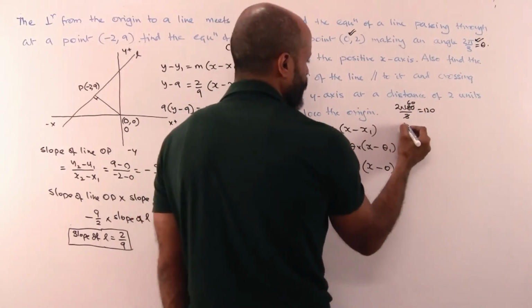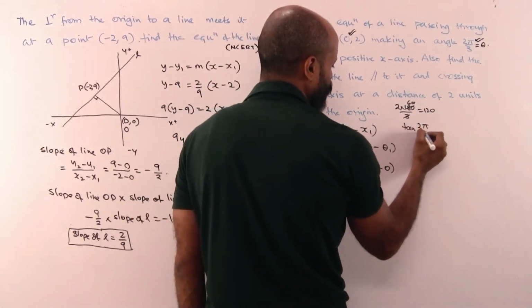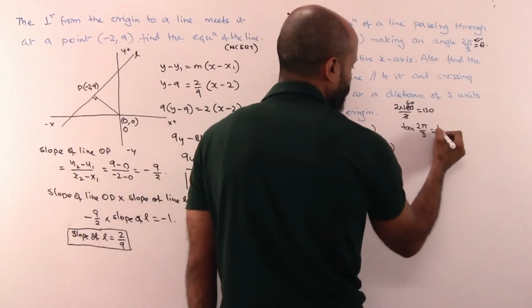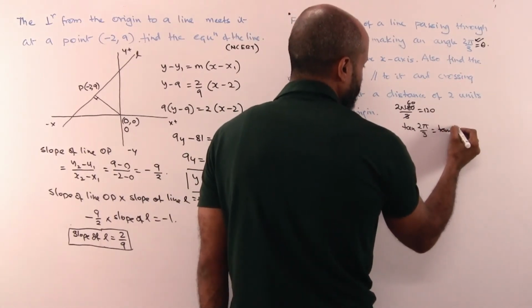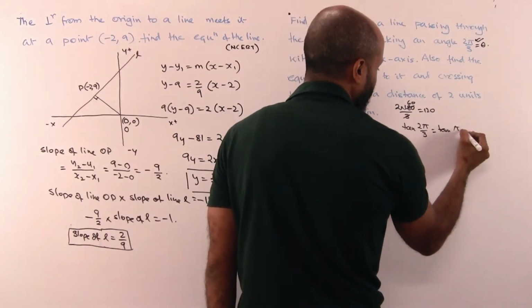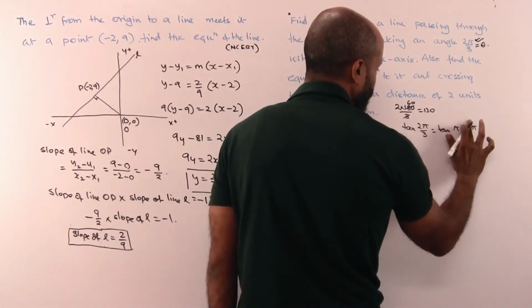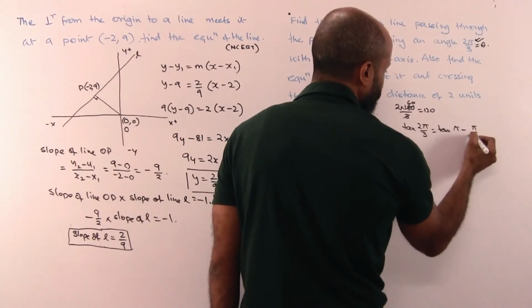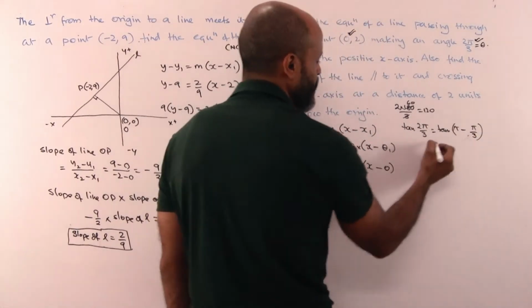Or we can also calculate the value like this: tan 2π/3 will be equal to tan of π minus π/3, right?